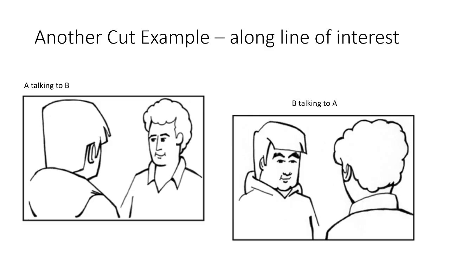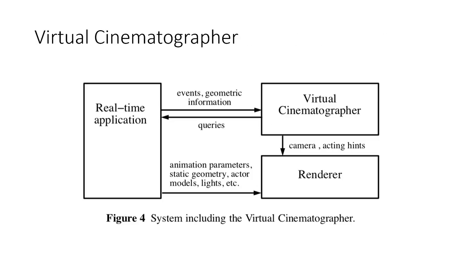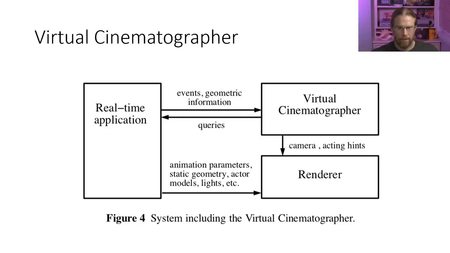Now that we've got some idea of these heuristics for cinematography, we can start to think about how we might go about implementing any of those heuristics in real time during a video game. So we've got our application, our game event loop that's running, and it needs to interact with the rendering system, which would be typical of a video game.